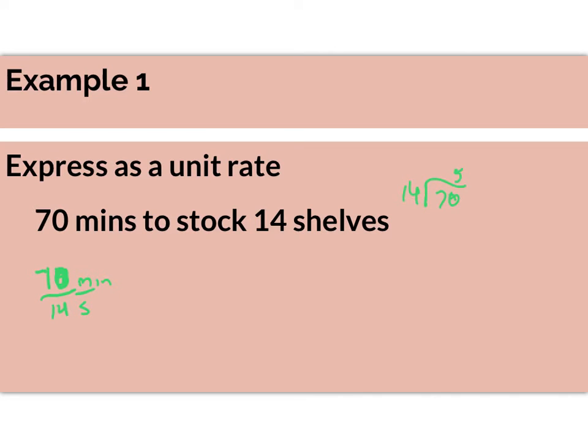Let's try 5 times 14 is 70. Okay, so it takes a person 5 minutes to stock 1 shelf. And this is a unit rate. How much to get 1 shelf done, or 1 of whatever the bottom thing is.